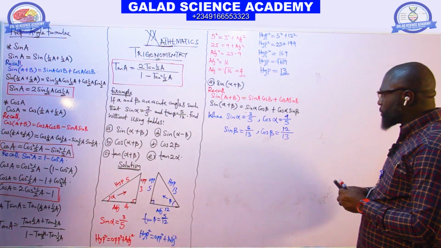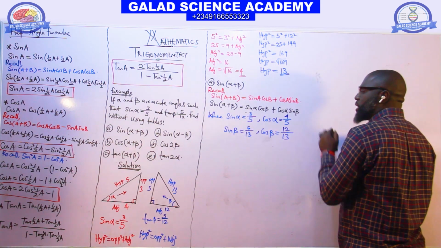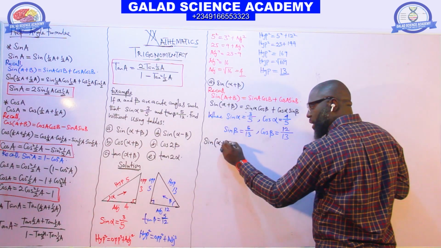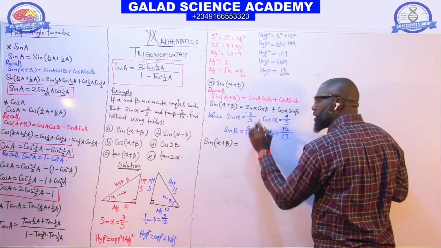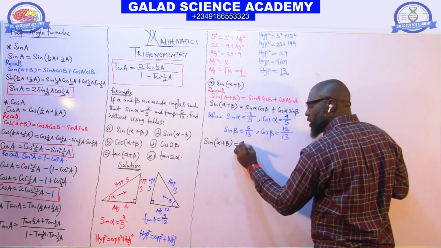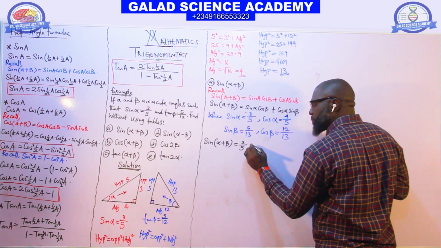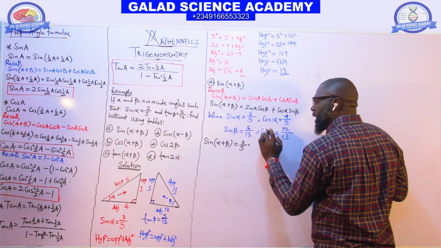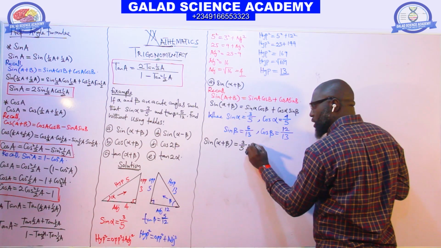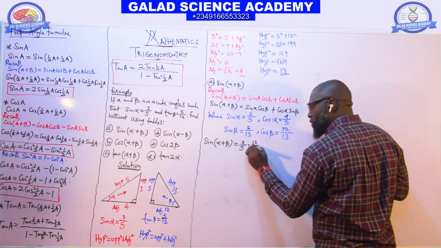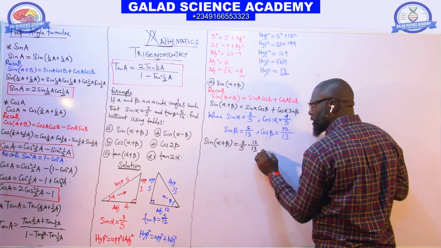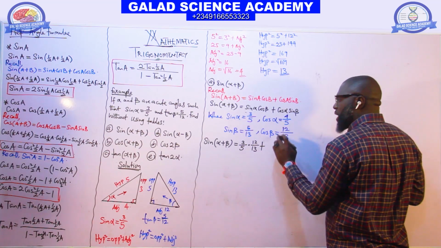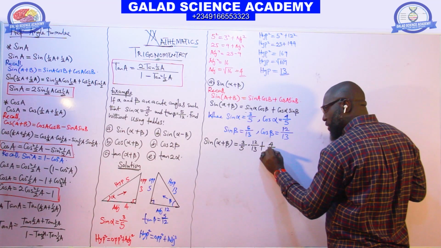You will now substitute for each value in this equation. You have for sine alpha plus beta: sine alpha is 3 over 5, dot, which means multiplication, cos beta is 12 over 13, plus cos alpha, which is 4 over 5.